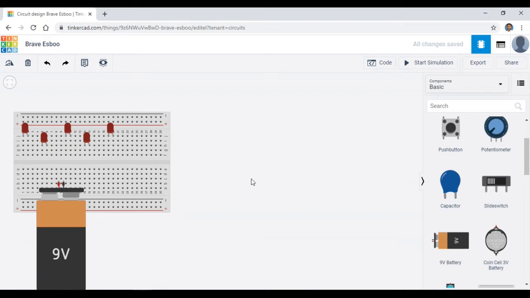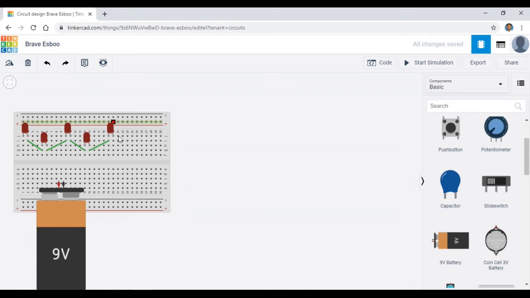Now I am going to give the connections. For the series circuit, first we have to connect positive to negative, likewise we have to connect.